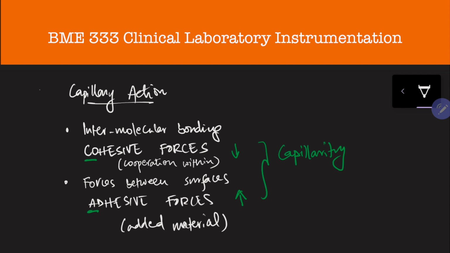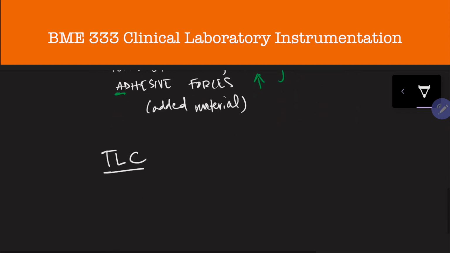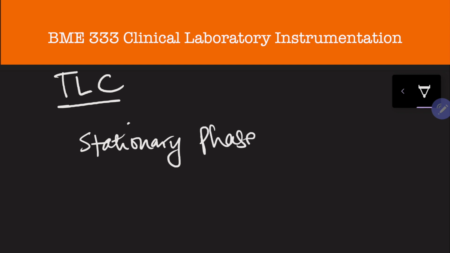It can be paper, it can be tissue, it can be silica, but that's the stationary phase. And then there is a mobile phase, which is either a liquid or a gas, which flows through the stationary phase. So the components in the mixture flow through it as well, and then they tend to separate out. So basically we are interested in these two things when we talk about chromatography.